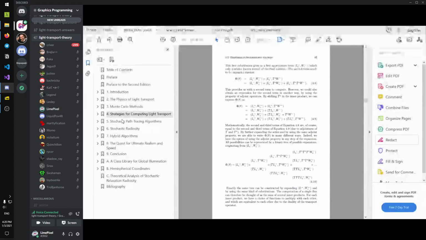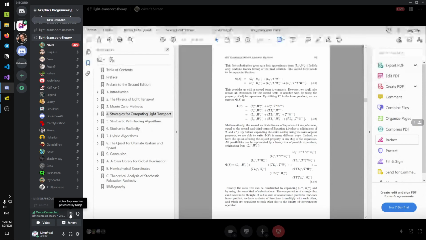Just one more. Is the measurement equation from 0 to 1? No, not necessarily. It doesn't need to be from 0 to 1, but after you have your estimates for each pixel, you can apply some kind of tone mapping to get a nice representation for your screen.